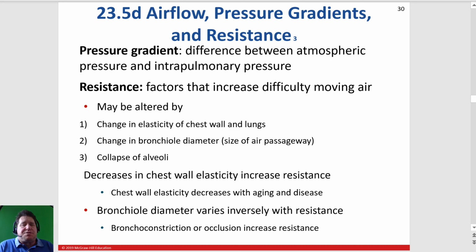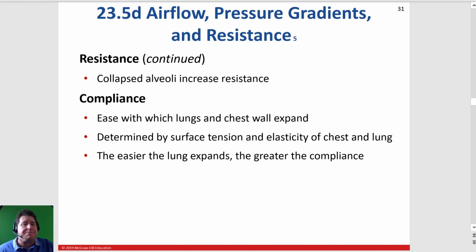Also, alveoli collapsing or otherwise losing the properties that help them exchange air, surfactant, things that affect surfactant, presence of fluids like pneumonia, elasticity of chest walls, and changing the diameter of the bronchioles. Remember, the air passageway. If that changes, less air is going to get through there. So less air can ventilate.